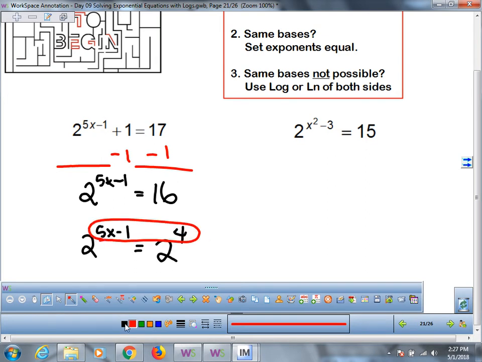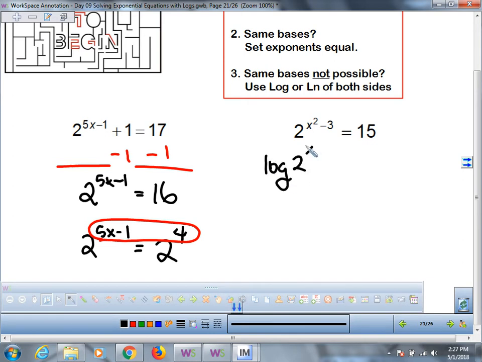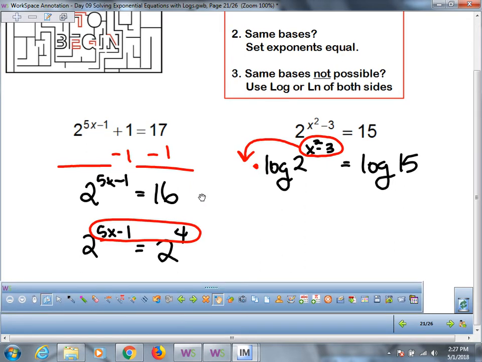What about this one? To log or not to log? Log. We're going to log this one. I have log 2 to the x squared minus 3 equals log 15. Why in the world would I do that? So that I could move the exponent off the top of the bus out in front and multiply.